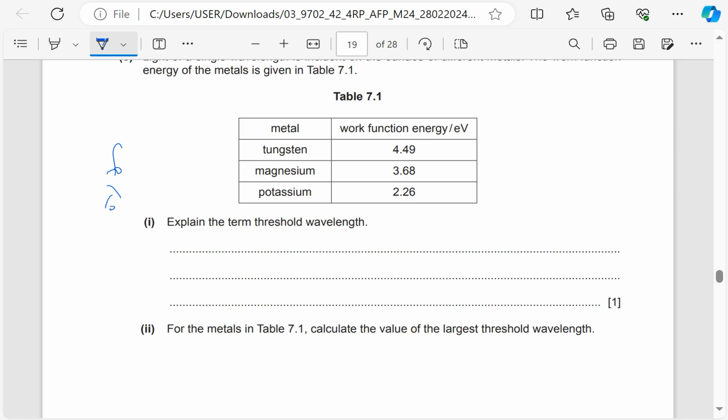If threshold frequency is the minimum frequency of electromagnetic radiation below which no photoelectric emission occurs, then the threshold wavelength must be the maximum above which no photoelectric emission occurs, simply because frequency is inversely proportional to wavelength. If f naught is minimum, then lambda naught must be maximum. So this is going to be the maximum wavelength.